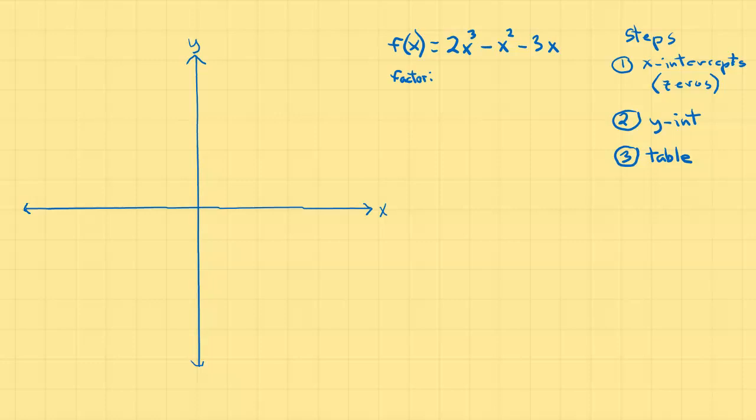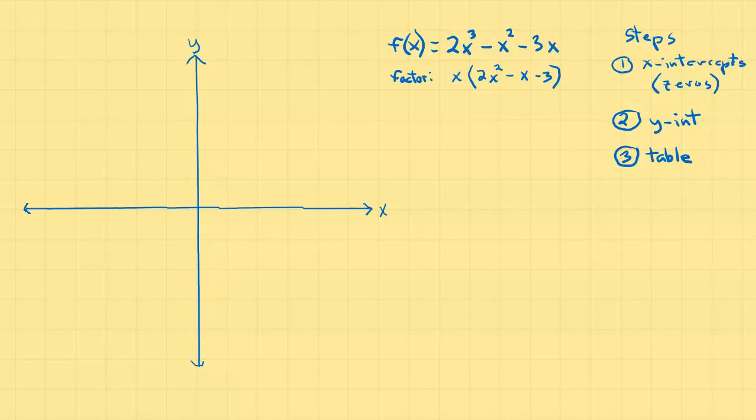So I'm going to write x, and then I'm going to put everything that's left in the parentheses. So now we have 2x squared, so we have 1 less x there because we factored it out. Minus x, same thing there, minus 3. We don't have 3x, we just have a 3 because we factored the x out.